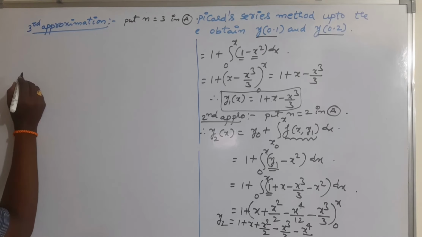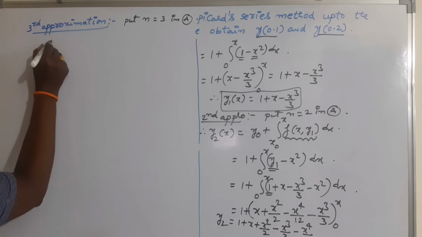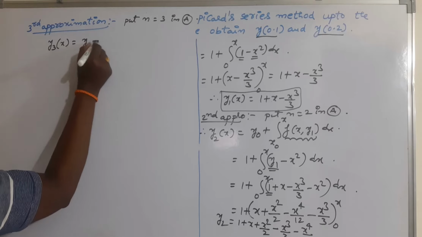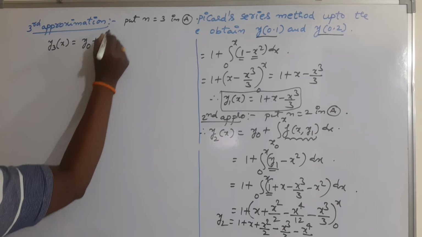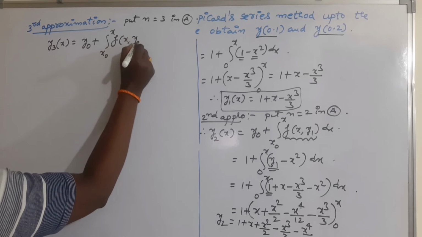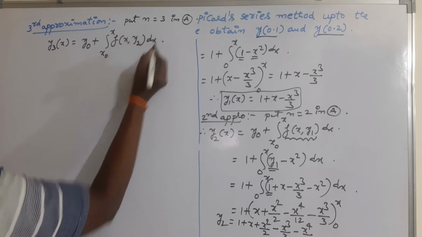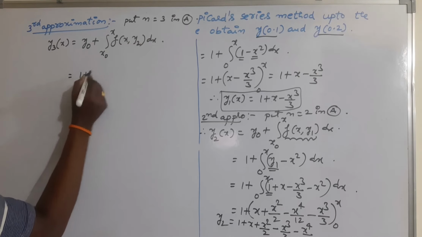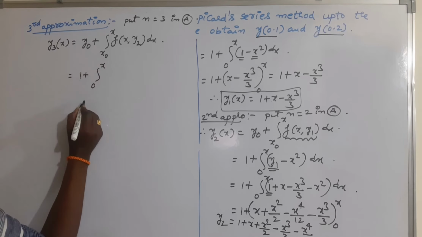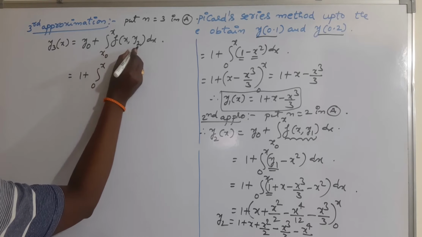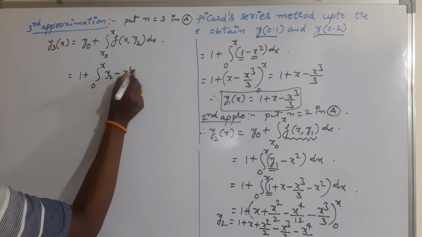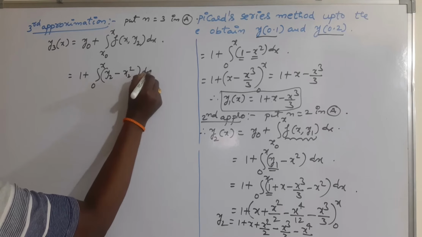So from equation number capital A, y3 of x is equal to y0, the first term, plus integral x0 to x of f of x comma y suffix 3 minus 1, which is 2, into dx. So y0 is 1, x0 is provided as 0 in the statement, upper limit is x, and what is the expression of f of x comma y2? It is y2 minus x square whole into dx.